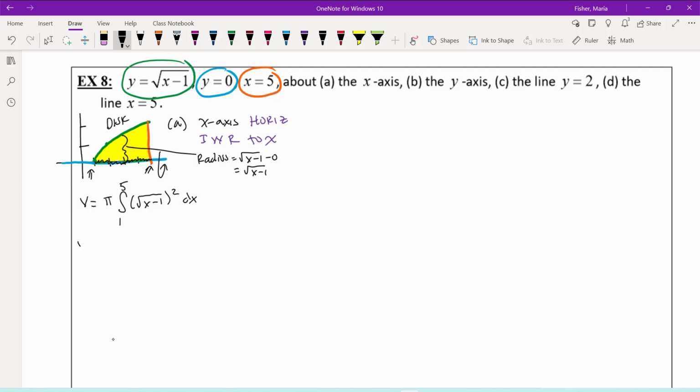Let's square it first. If I square the square root, I just get x minus 1. Integrating, I have x squared over 2 minus x, and that gets evaluated from 1 to 5. Plugging in the limits of integration, 5 squared over 2 minus 5 minus 1 squared over 2 minus 1.